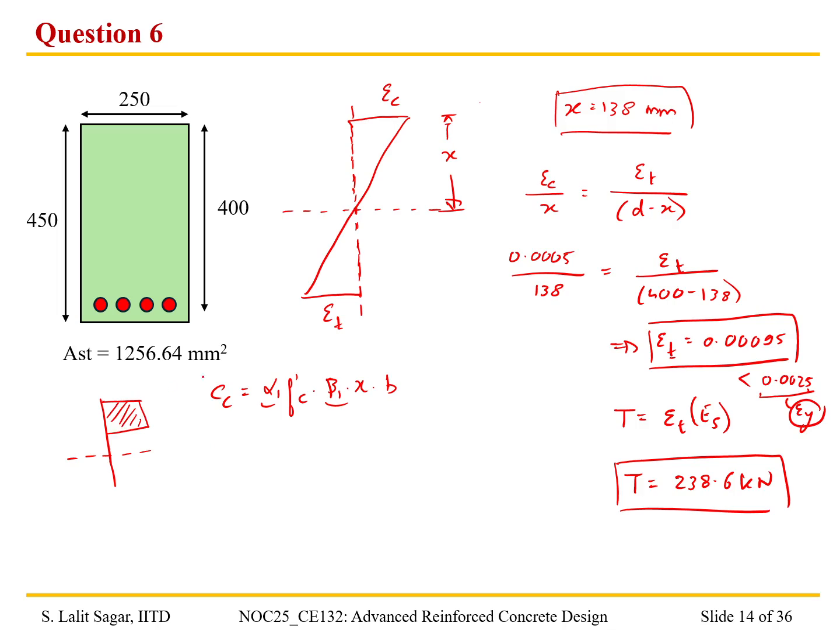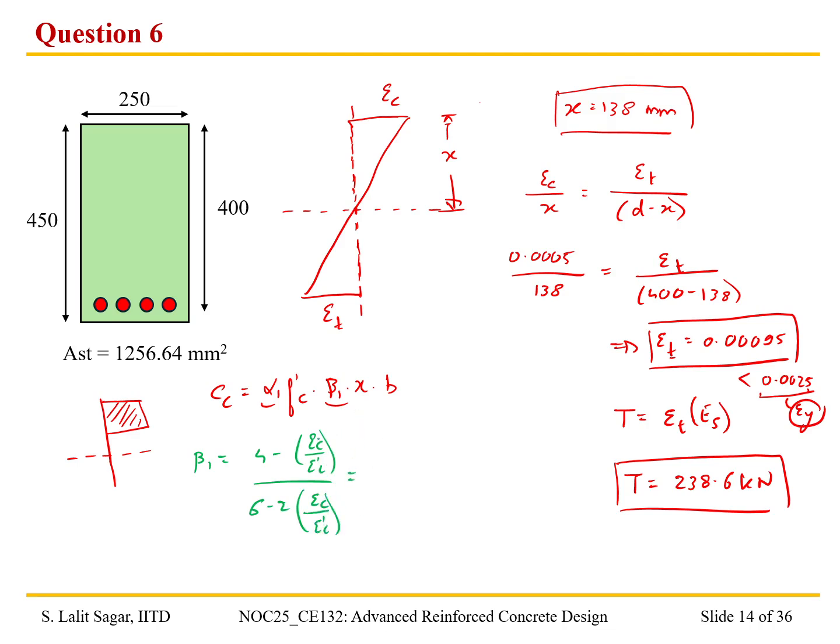Okay, and how do we determine these values, right? So we have beta 1. I'm going to take a different color for a better contrast, right? We have beta 1 is equal to 4 minus epsilon c by epsilon prime c divided by 6 minus 2 times epsilon c by epsilon prime c.